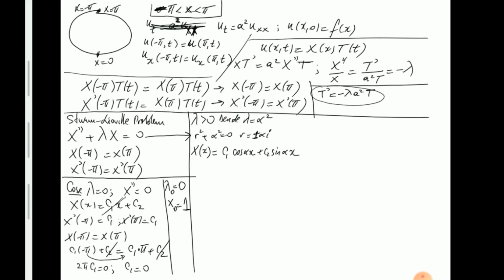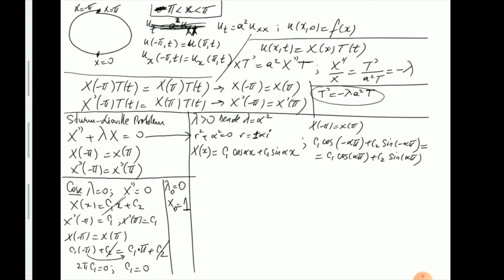All right, so here is the part that is a little bit more subtle than before. So let's pay attention to the actual boundary conditions. The first one, X of minus pi equals X of pi, leads to c1 cosine of minus alpha pi plus c2 sine of minus alpha pi, and that must be equal to c1 cosine of alpha pi plus c2 sine of alpha pi.